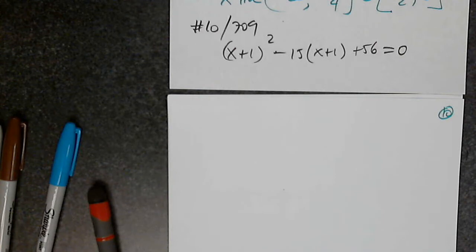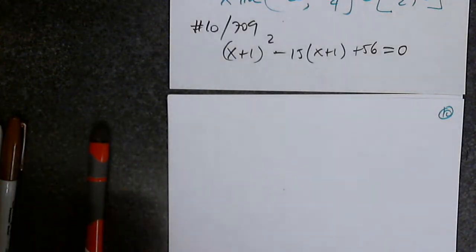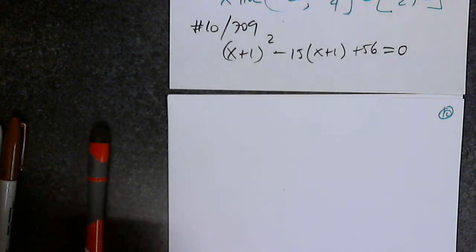This you don't have to factor if you don't want to. If you'd rather use the quadratic formula, use any method you like to get t. Although it's not difficult to factor. But if you have any difficulties with factoring, you can use the quadratic formula.